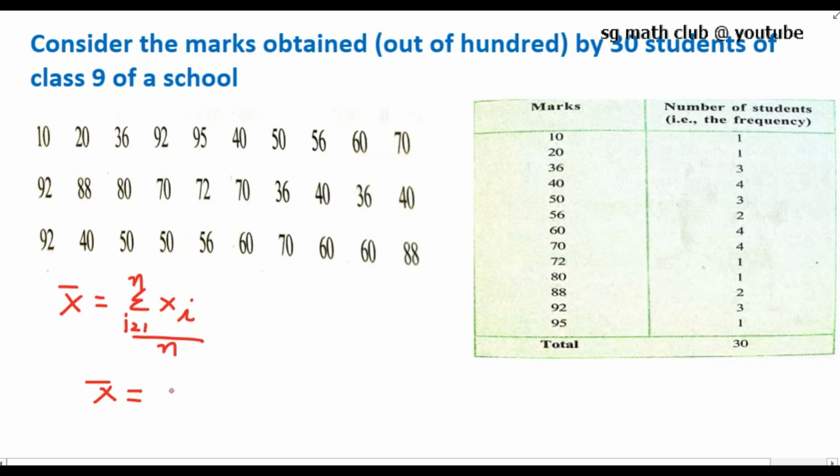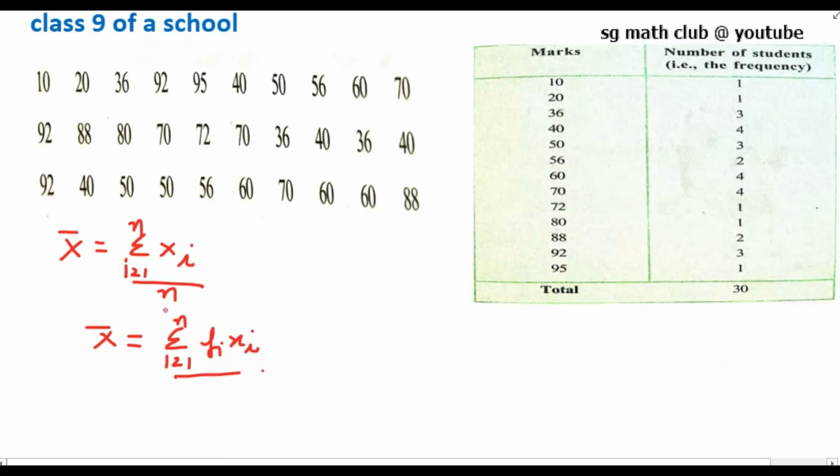X bar is equal to sigma i equal to 1 to n fi xi divided by, either you can write n or you can write sigma fi, sigma i equal to 1 to n fi. So this is the formula when it is in the form of a frequency distribution table.